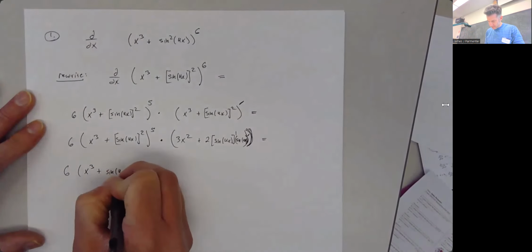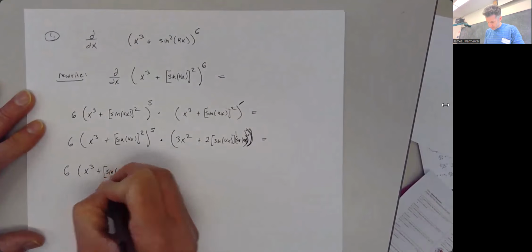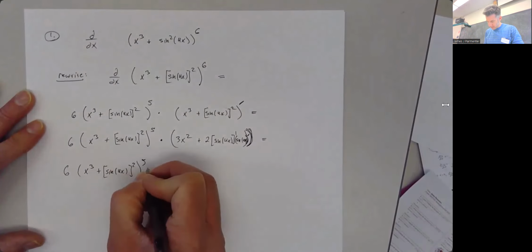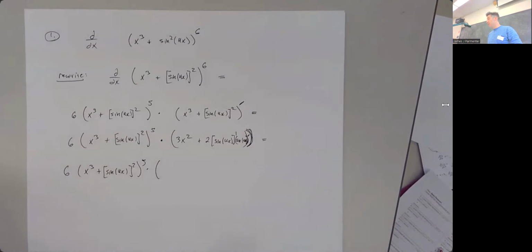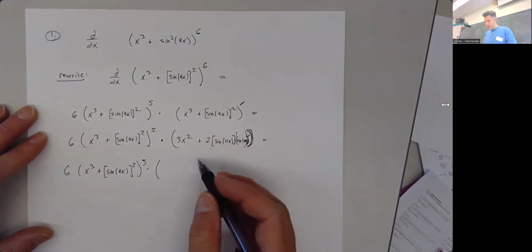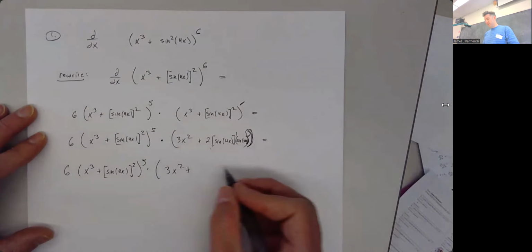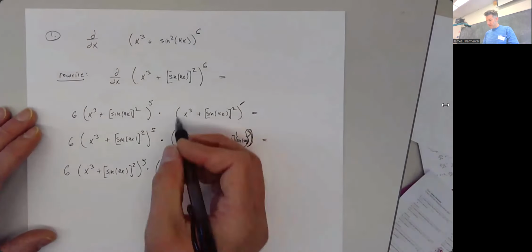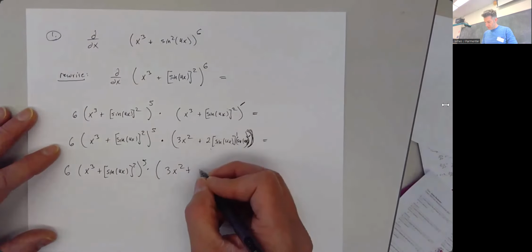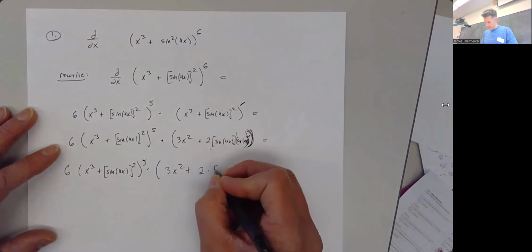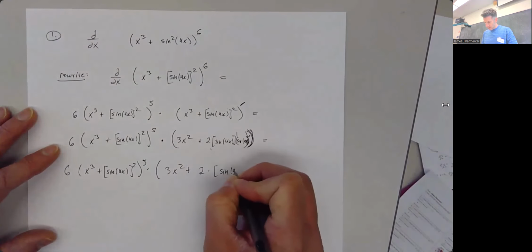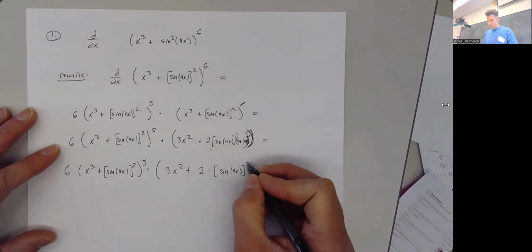So let's see here. So same stuff. And then we have times, now, this is interesting here. This piece here required the chain rule. We have a 3x squared plus all of this still in this parenthesis, that's the derivative of this piece up here. So we have our 2 times sine of 4x to the first, which you don't need to write the first power there.